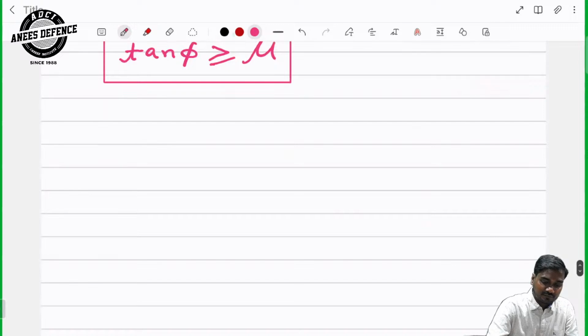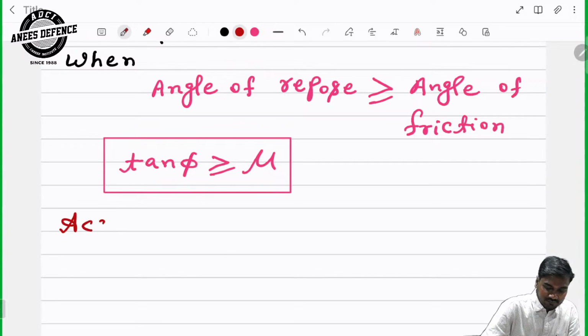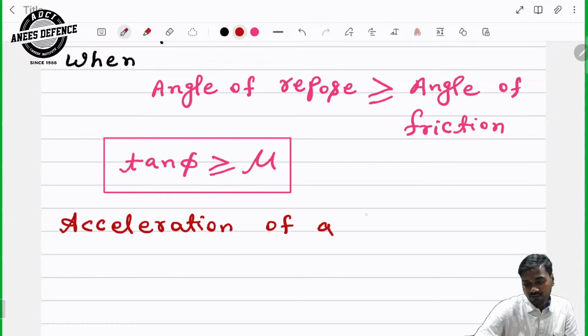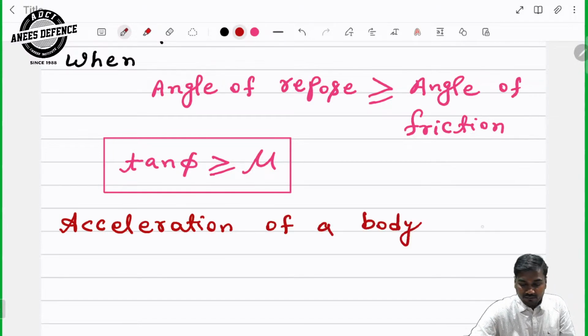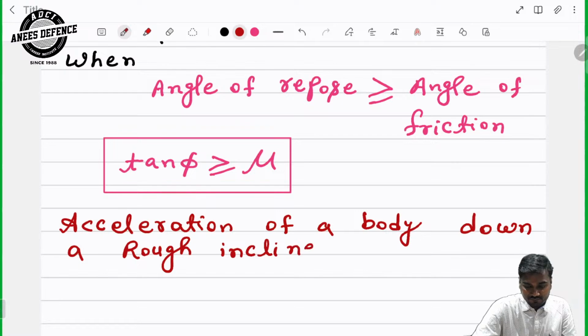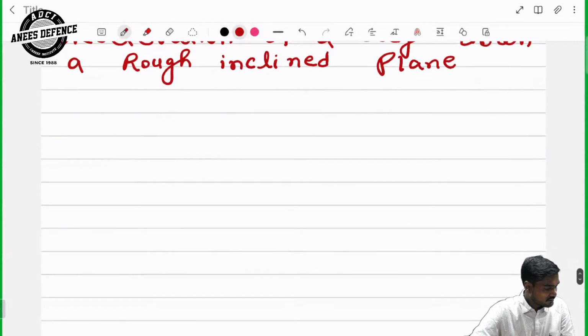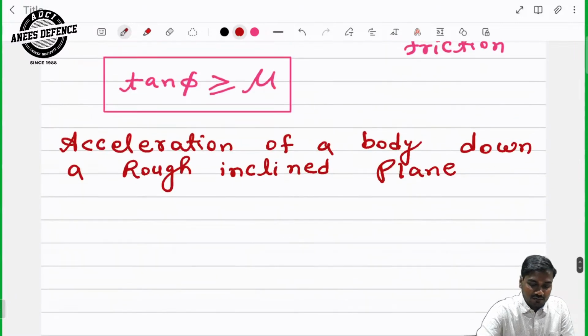Okay. Just consider, draw a diagram to show this situation.